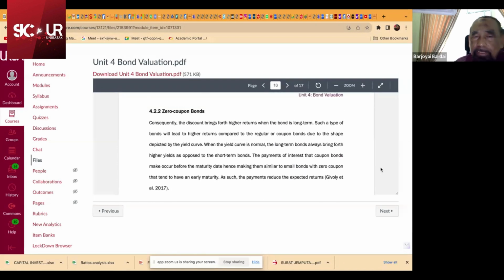Okay, zero coupon. The discount brings forth higher return when the bond is long term, such as a type of bond that will lead to higher return compared to the regular or coupon bond due to the shape depicted by the yield curve.